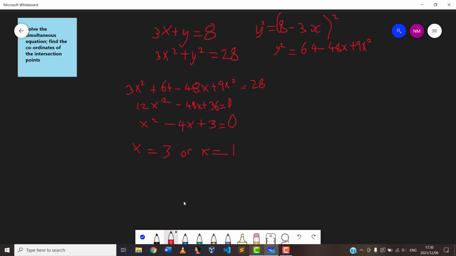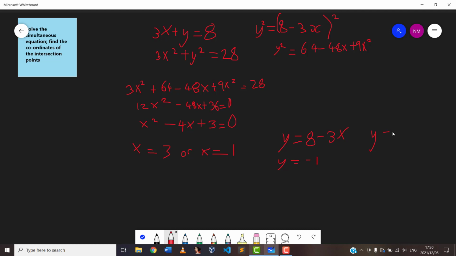So from there we can now work out the y values, because we're looking for the coordinates, which also include the y values. We could use the equation y equals 8 minus 3x over here. So when x equals 3, y would be equal to 8 minus 9, which is minus 1.